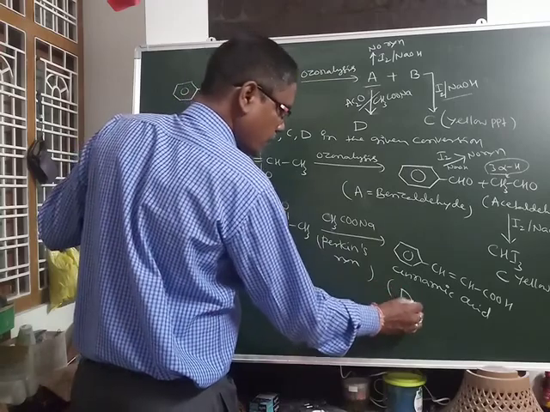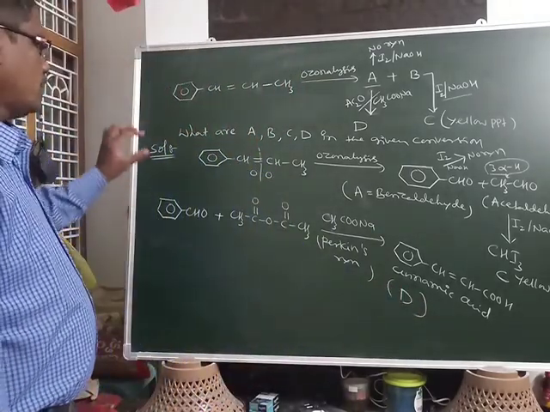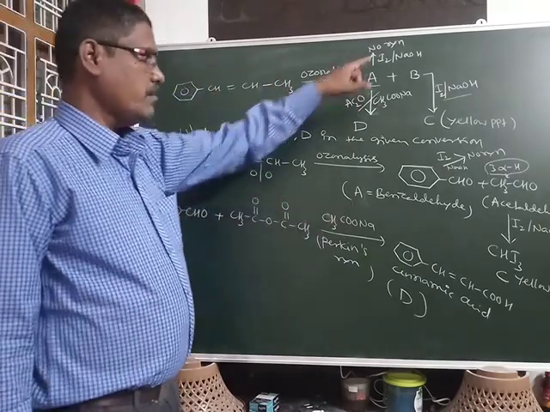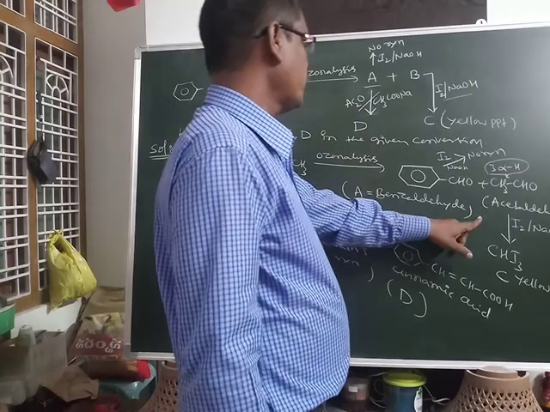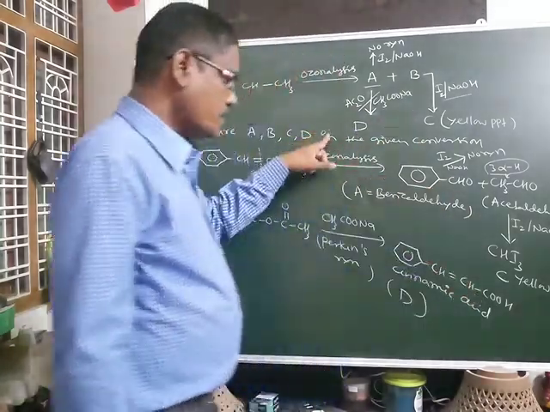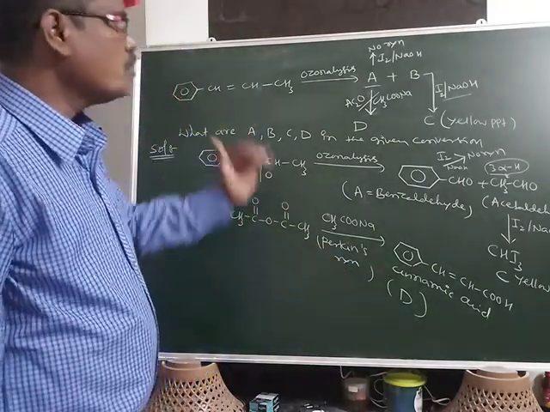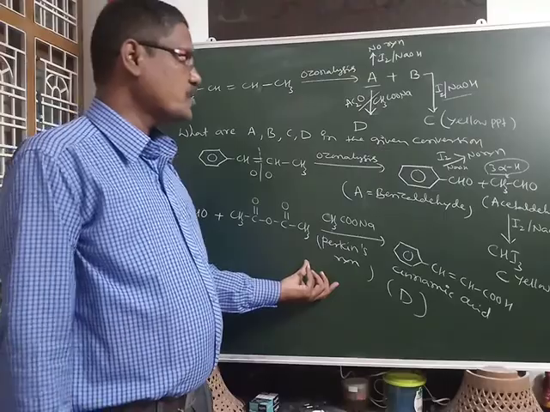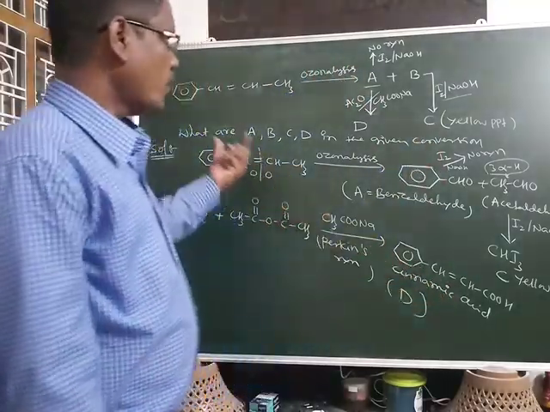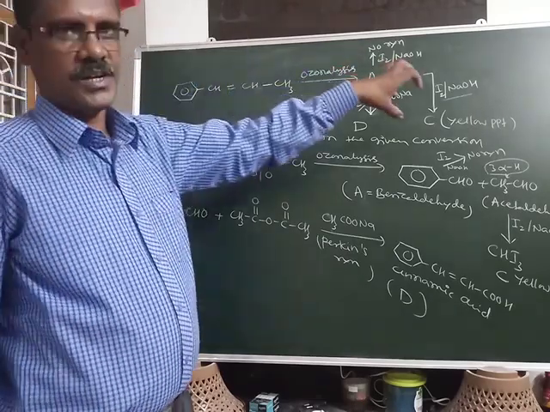This is D. Therefore, in this conversion, A is benzaldehyde, B is acetaldehyde, C is iodoform, D is cinnamic acid. Conversion of A to D is Perkin condensation and B to C is the iodoform reaction. Okay, so this is the information involved in this conversion.